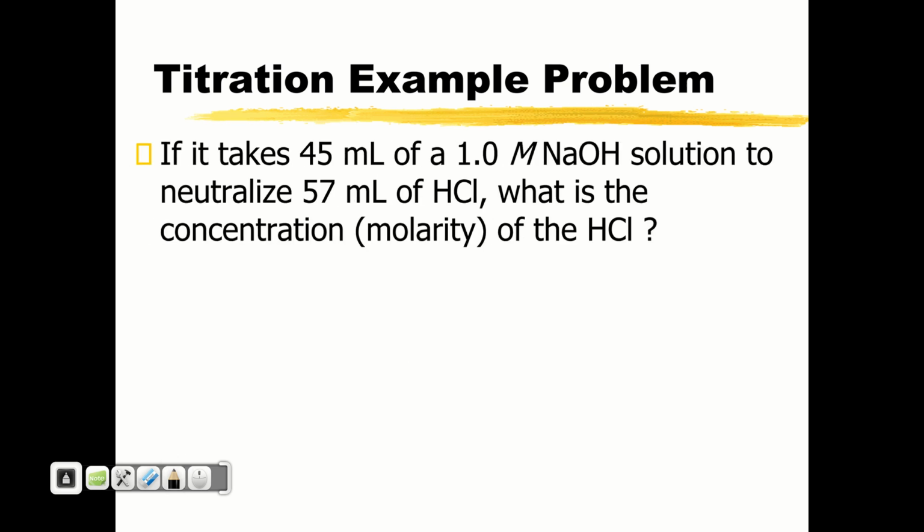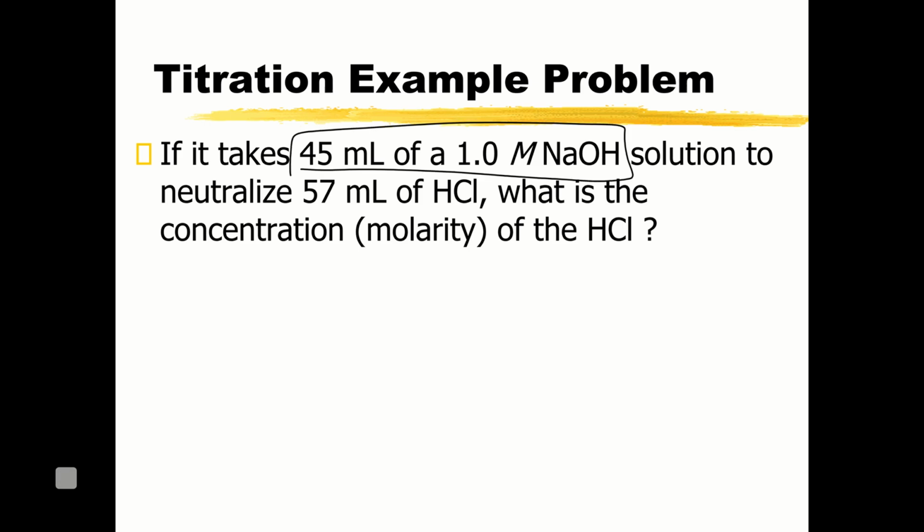If it takes 45 milliliters of 1 molar NaOH. So once again, this is all about my base. So VB, MB, and OH, there's only one, so NOH is equal to 1. 57 milliliters of HCl, so this is my VA, and H is only equal to 1.